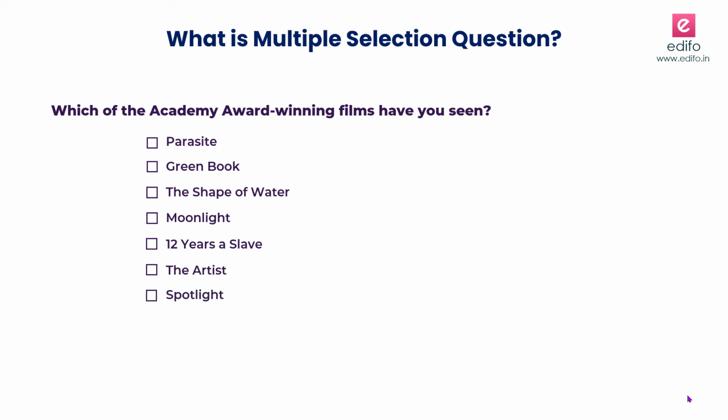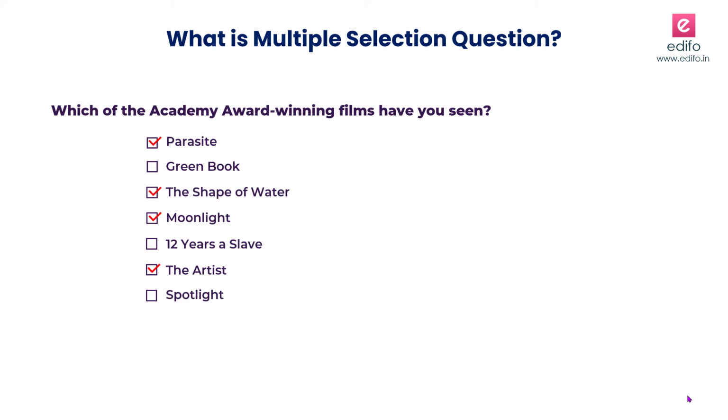This is another example of multiple selection question. But important thing is that we cannot convert this question into Likert scale as the earlier one. So this is a pure example for multiple selection question. Here the respondent selected 4 options. These type of questions we can call as multiple selection questions.